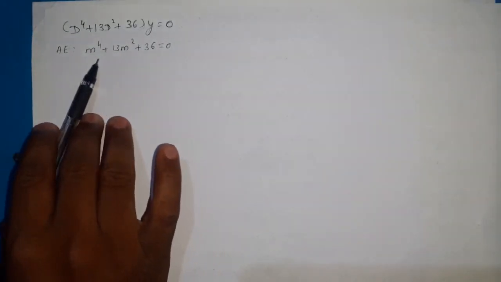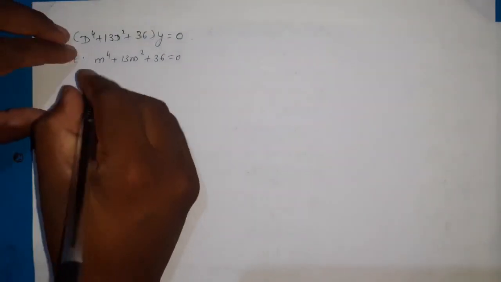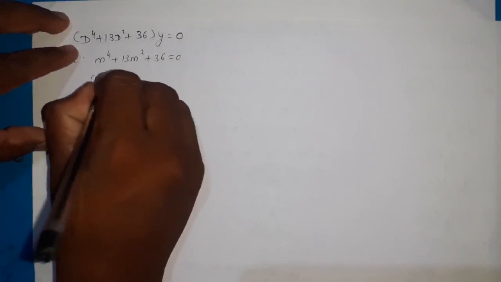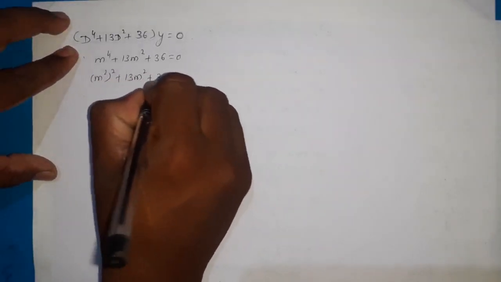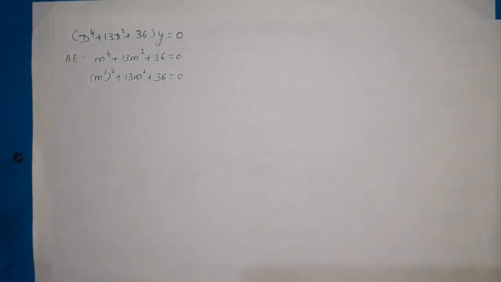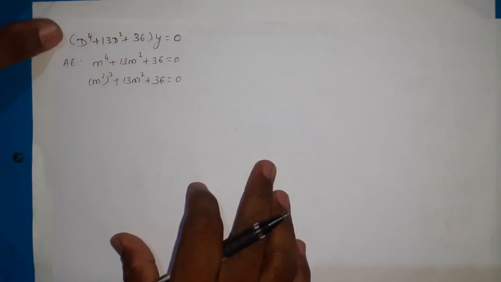This equation is quadratic in m square, because we can write the same equation as m square whole square plus 13 m square plus 36 is equal to 0. So this equation is quadratic in m square. Then we need to find the roots of this equation.